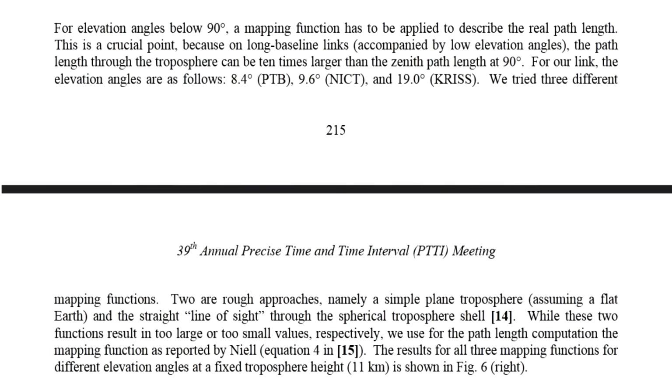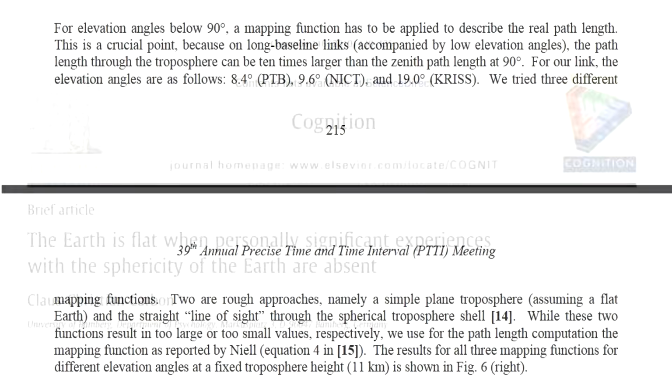In their experiments, they tried 3 mapping functions, stating, quote, "2 are rough approaches, namely a simple plane troposphere assuming a flat Earth, and the straight line of sight through the spherical troposphere shell." The results charted in the report show that averaging the 2 methods assuming a plane troposphere over a flat Earth provided the most accurate path length.